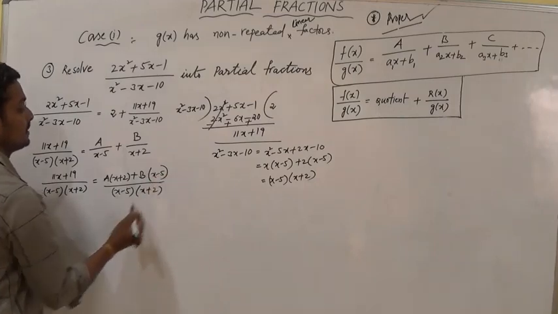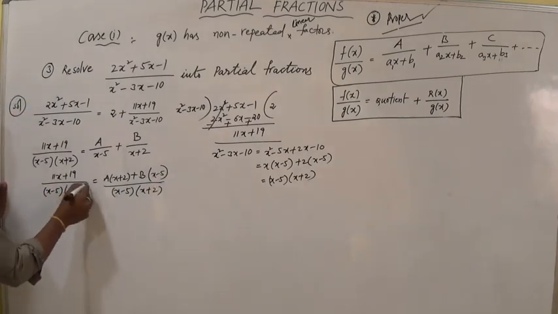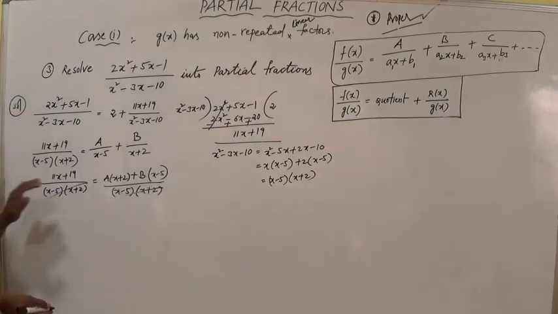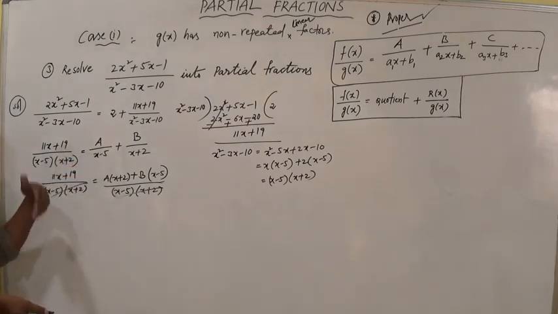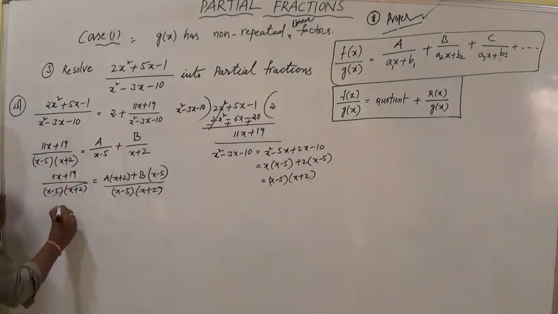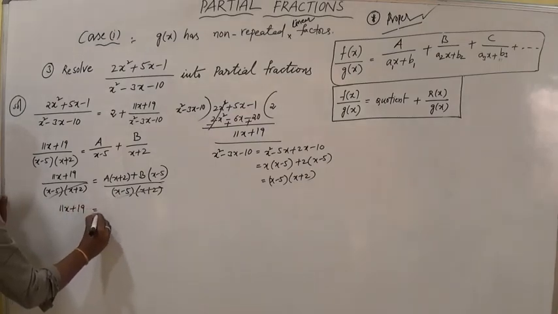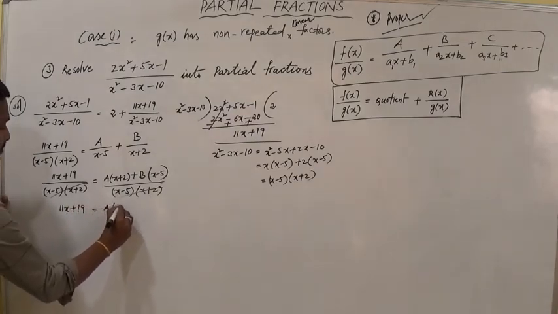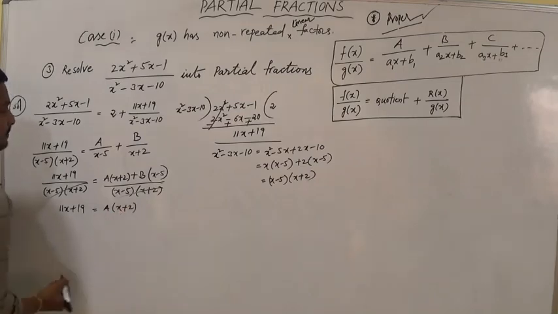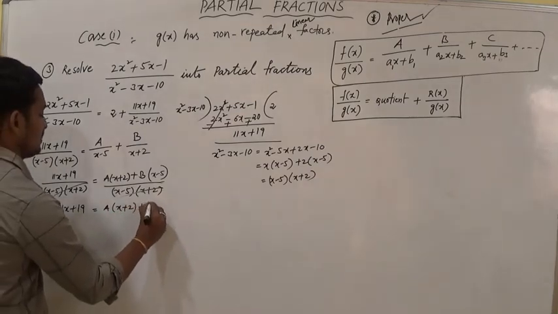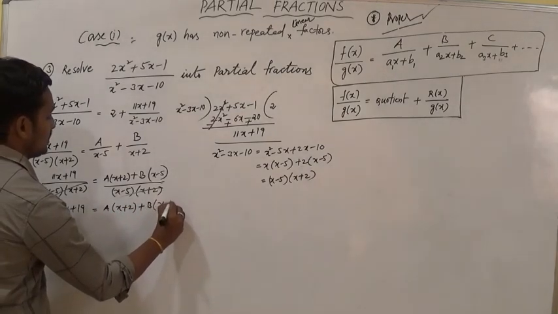Both the denominators are cancelled. I told you we have to write this step directly. So 11x plus 19 is equal to A into x plus 2 plus B into x minus 5.